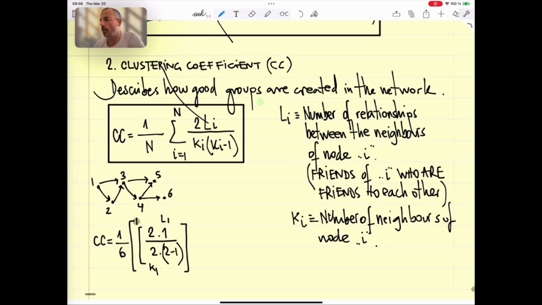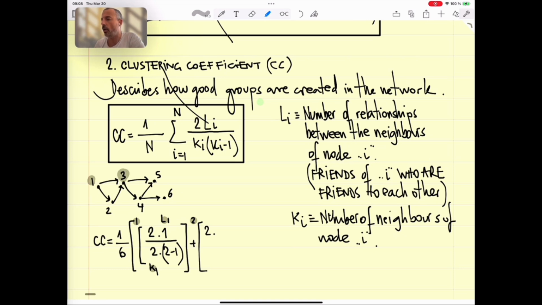I repeat it for node 2. 2 is always like this, okay? So how many neighbors has node 2? 1 and 3.